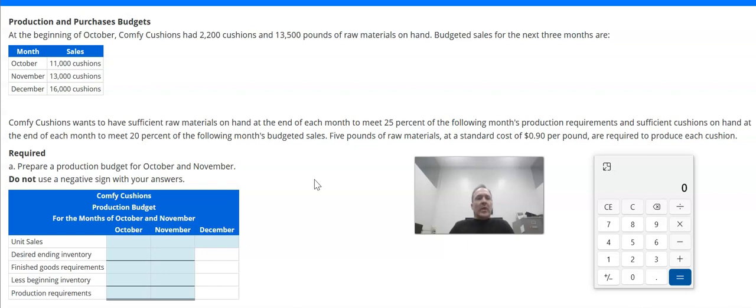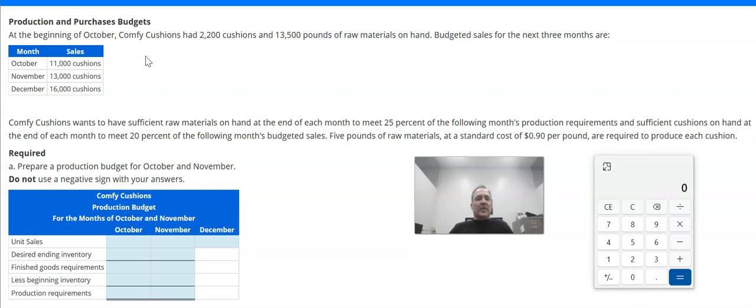We are going to start with the production budget. It says at the beginning of October, Comfy Cushions had 2,200 cushions. That would be their finished product, the cushions, and 13,500 pounds of raw materials on hand. And then we've got budgeted sales for the next 3 months, October being the first of those: 11,000, 13,000, and 16,000 respectively.